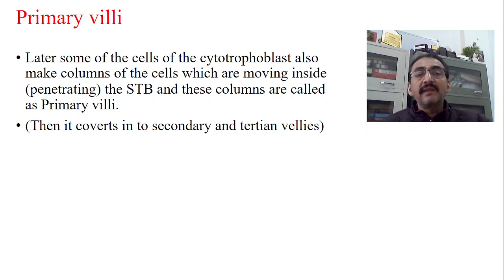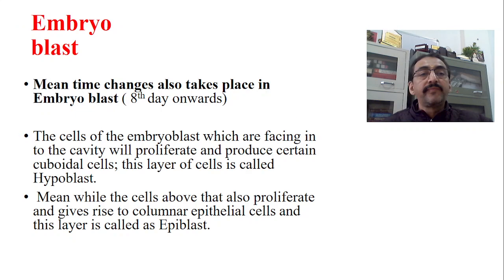Some of the columns are moving into the STB, syncytiotrophoblast. In future they are going to form the primary villi of the placenta. Okay, then the same primary villi get converted into secondary villi and then tertiary villi.